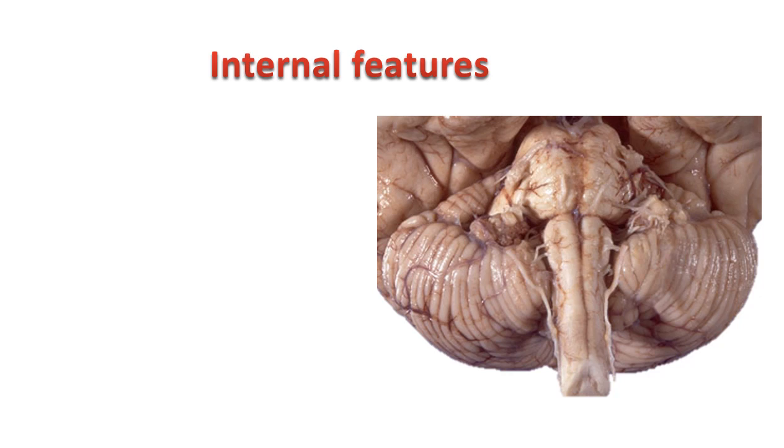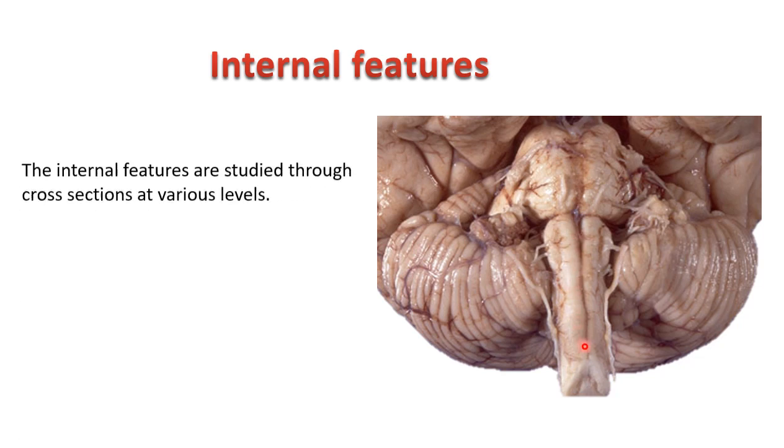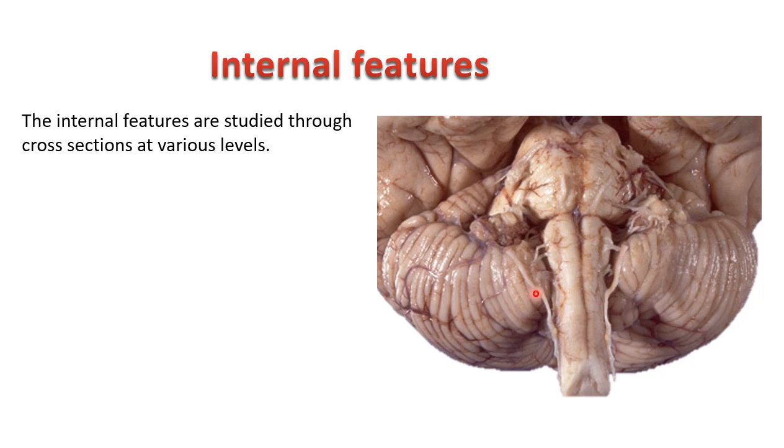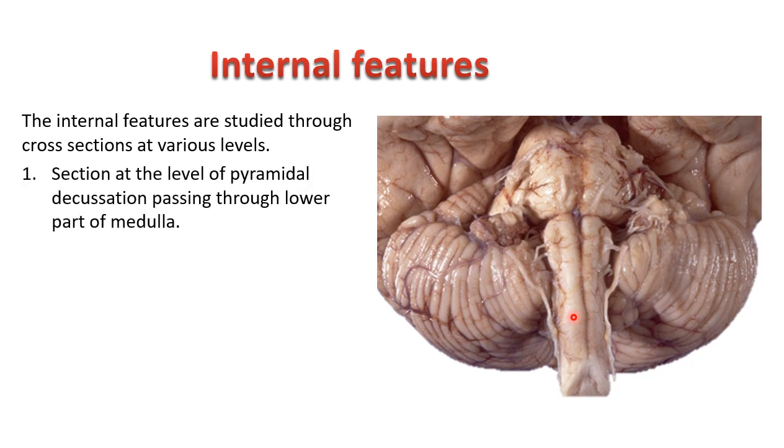Next, coming to the internal features of the medulla oblongata. The internal features are studied at three levels, taking a cross section or horizontal section at three levels. The first section is at the level of the pyramidal decussation, which passes through the lower part of the medulla. We will take a section here and review the internal structures.